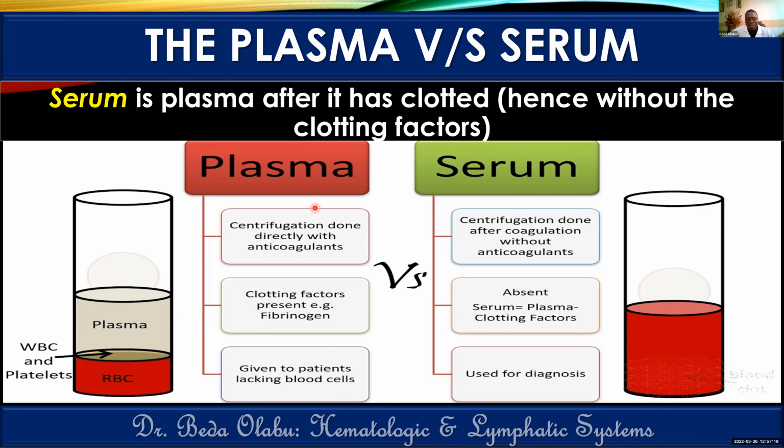If blood clots, it means that the clotting factors have already been utilized in that particular blood. So the fluid component that remains, that is lacking the clotting factors which have already been utilized, is what we are calling serum. Generally, serum is usually used for a number of clinical interventions, and I think you learned that in your clinical years.